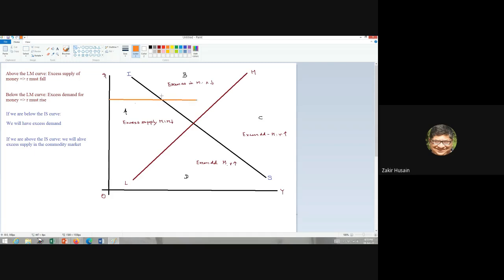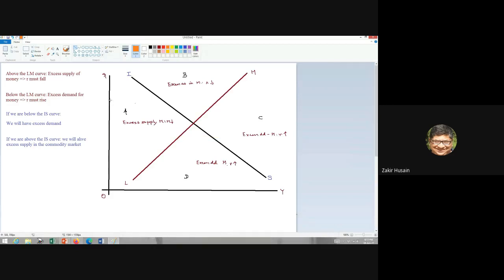So people want this much, you are supplying this much. Anywhere above, or to the right hand side of the IS curve, people are demanding this much. So the market will clear at this much, but you're supplying this amount. So this is the amount of excess supply.